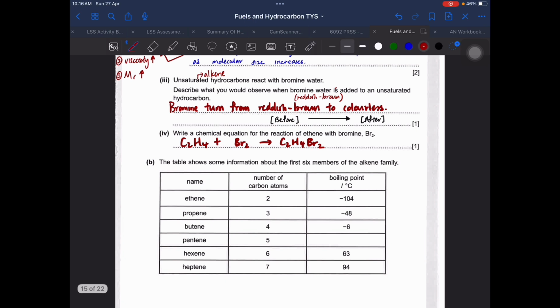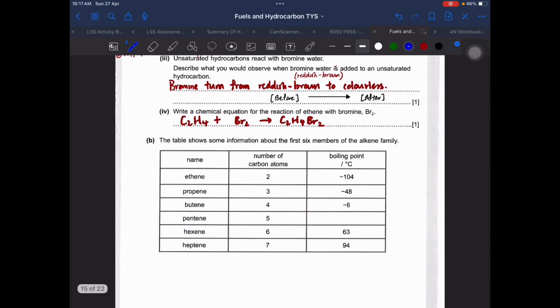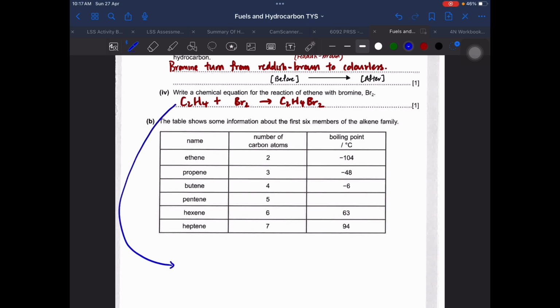In case you are not too sure about what exactly is happening over here, let me show you a drawing. For this reaction, the alkene ethene looks like this. It was reacted with bromine, Br2.